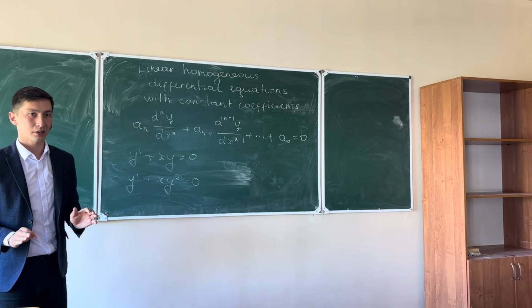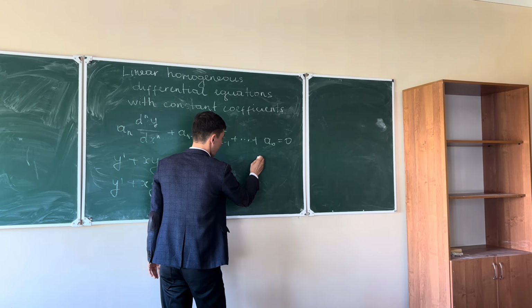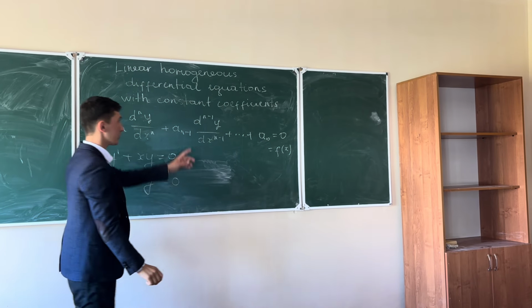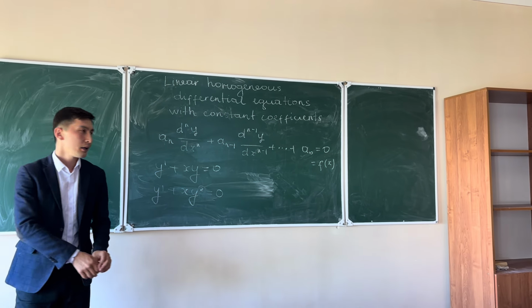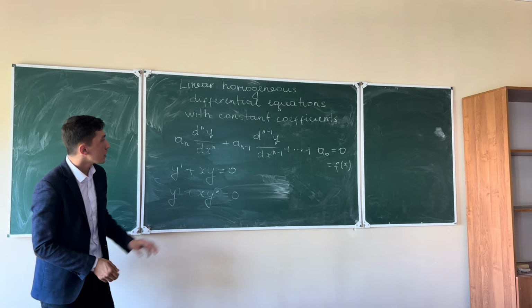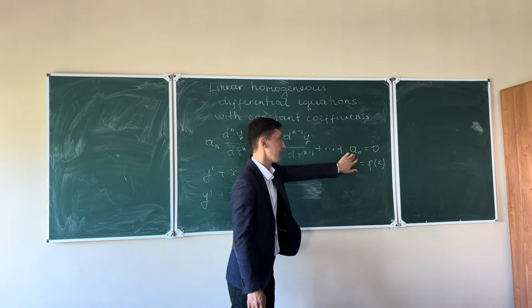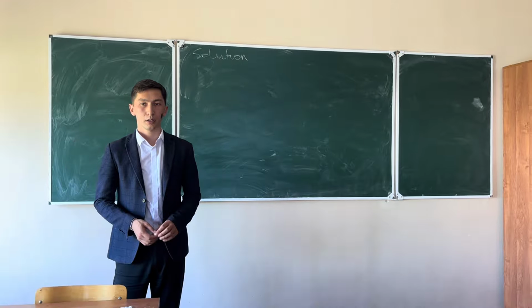If it's not, which means that if it is equal to f of x, we call this equation a non-homogeneous differential equation. And here, a_n to a_0 are constant numbers.